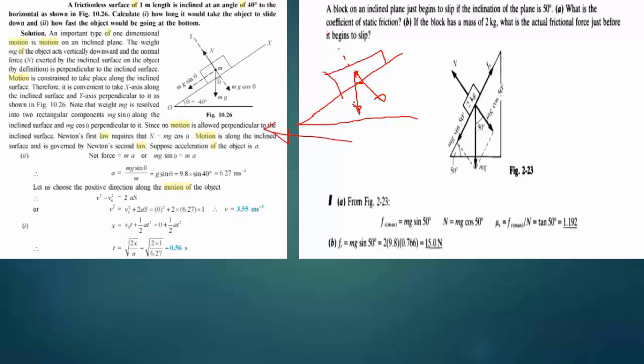So tukiresolve tena hii force, sasa our reference inakuwa ni inclined plane, sawa? Our reference ni inclined plane, so tutakuwa na horizontal inayoenda that direction, sawa? Ukigeuza kichwa ukawa unaiangalia this in terms of this, kwamba this is the horizontal.